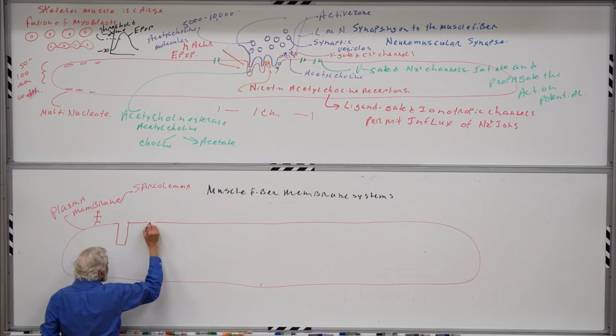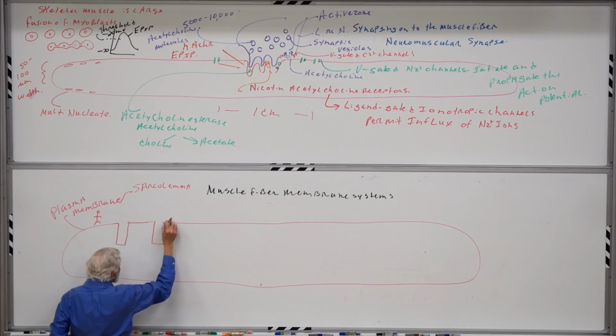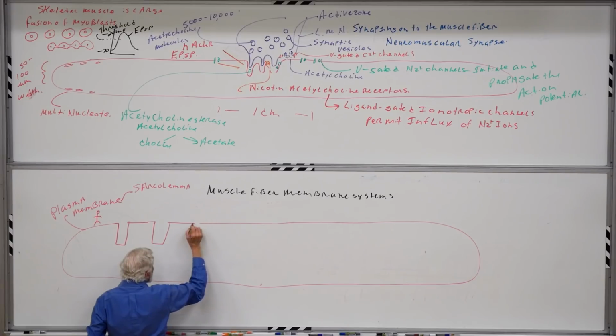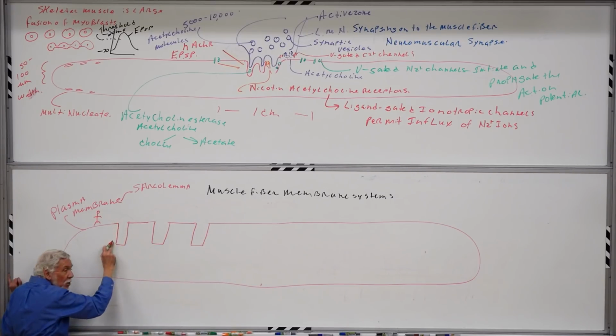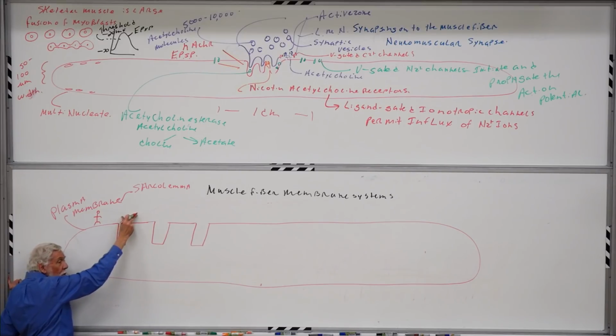And every micrometer or so, we would see another one of these pits. We could rappel down the side of the pit, walk across the bottom, and climb out the other side.